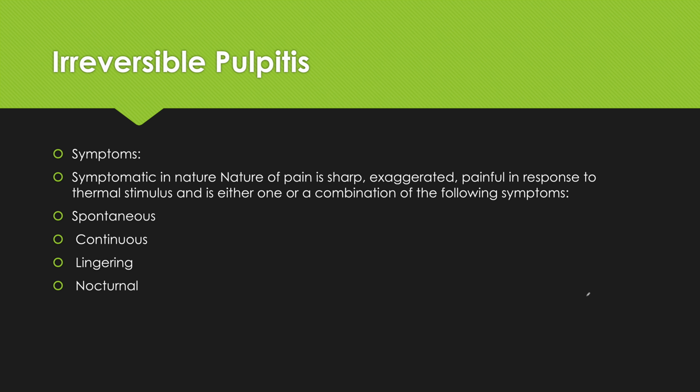Symptoms: it is symptomatic in nature and pain is sharp, exaggerated, and painful to thermal stimulus. So normally when a patient describes this pain, it is always spontaneous, continuous, lingering, and nocturnal.